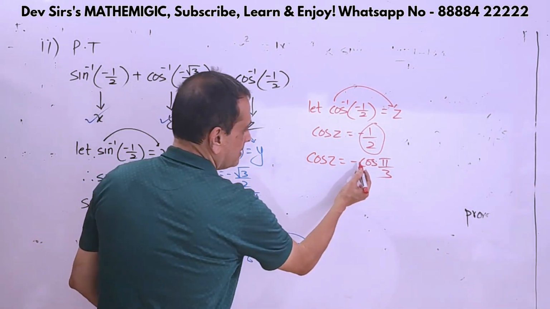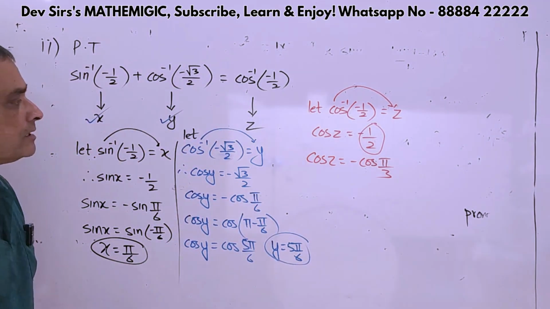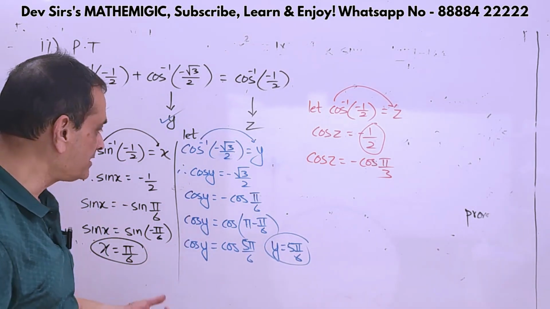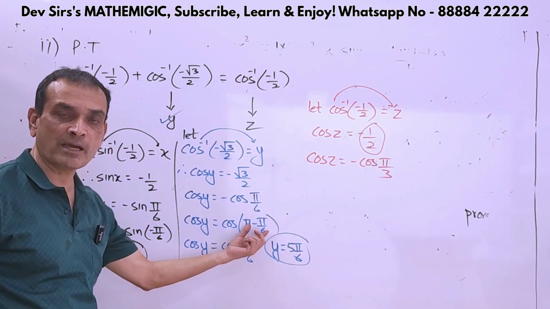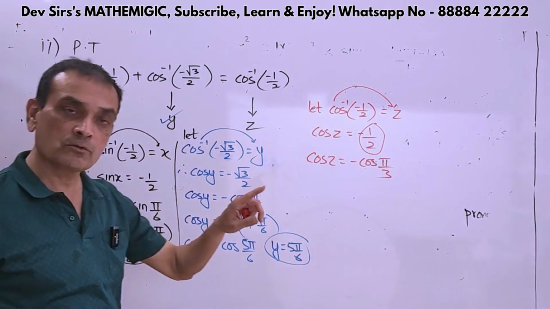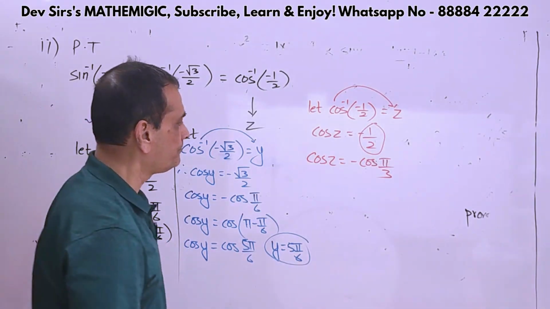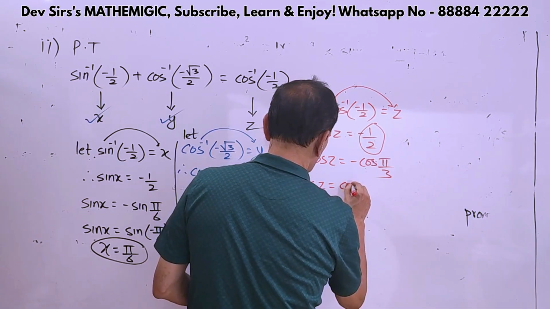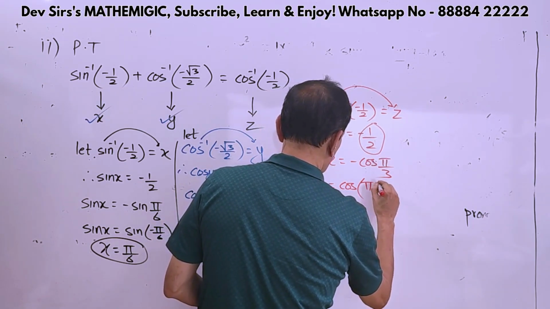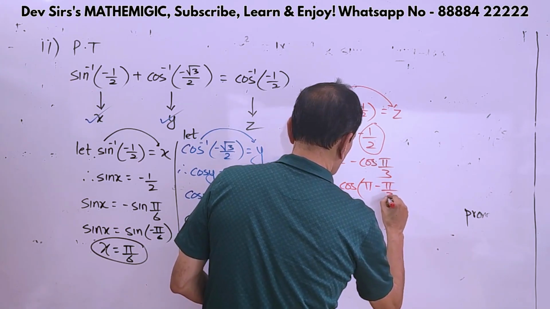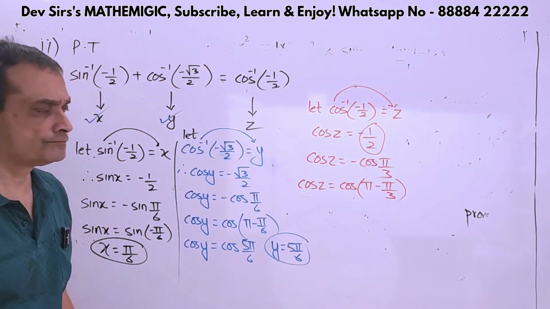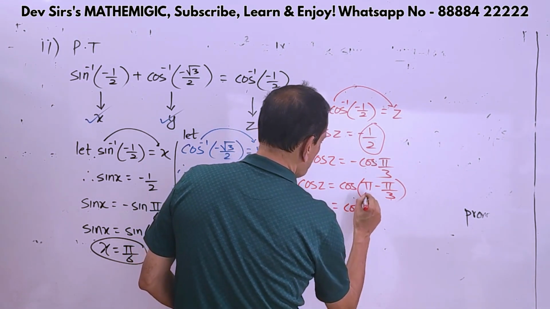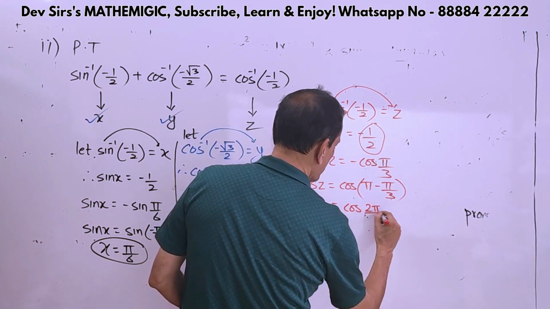Now again the same rule over here. When minus sign is present in front of cos, you are not allowed to take it inside. You are going to write it as pi minus pi by 3, like we wrote over here, pi minus pi by 6. For sin and tan, उसको allowed है minus sign अंदर लेने के लिए. 3 pi minus pi, that gives you 2 pi by 3.